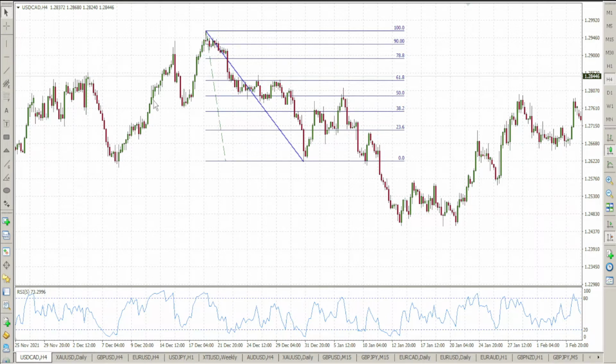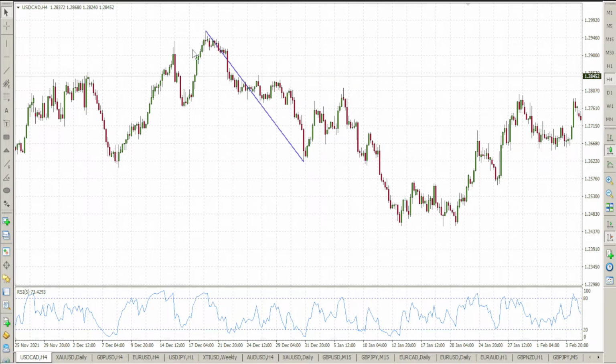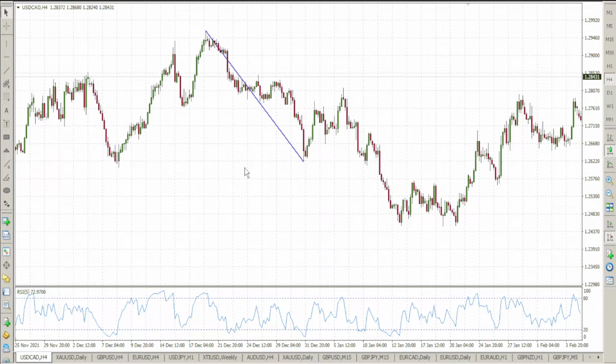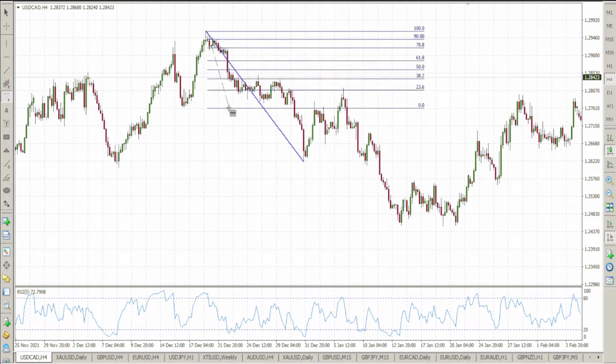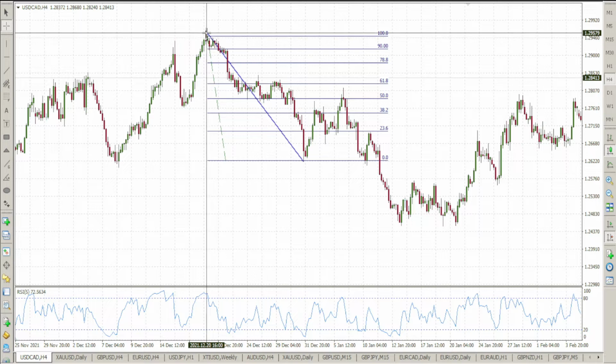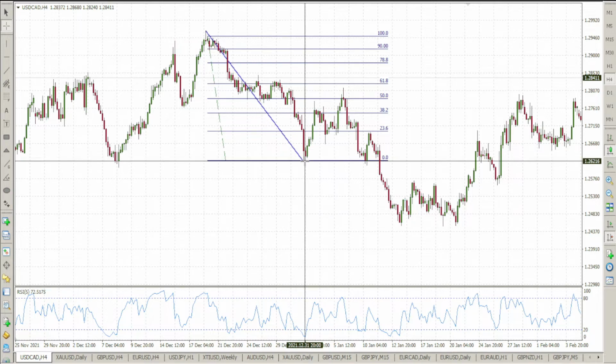When the market is coming down, how will we draw Fibonacci? Just click on it, click here, go down, and from the start till the end you can draw Fibonacci.